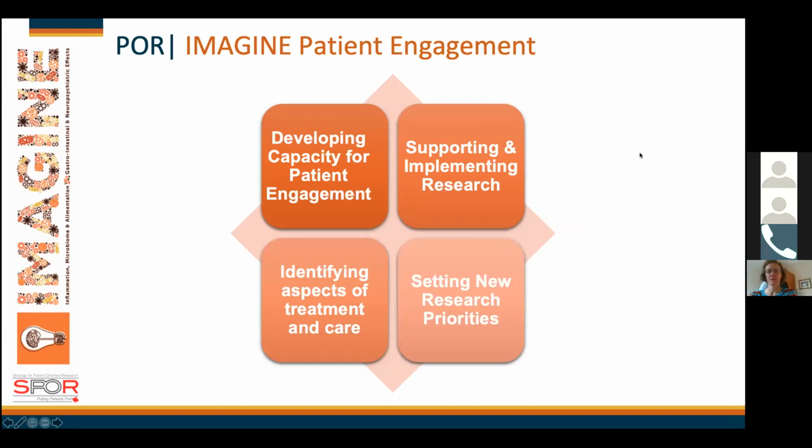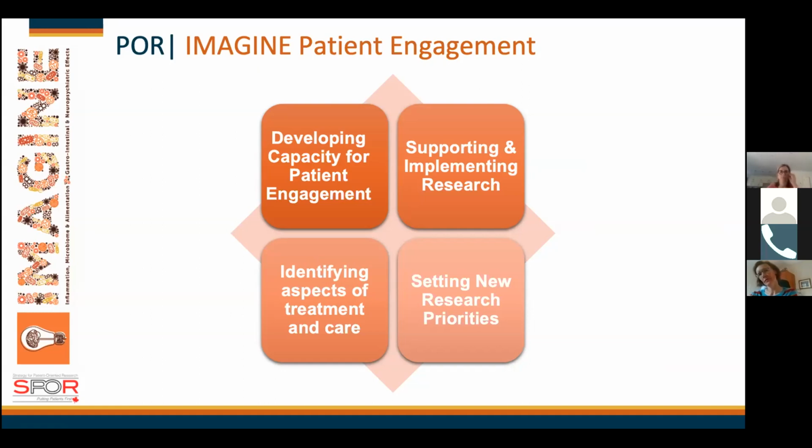And so we'll talk a little bit about Imagine patient engagement. Some of our goals are to develop capacity for people to do this work. So we have various training opportunities, including the PACER program, which those last 2 cohorts were able to go through.